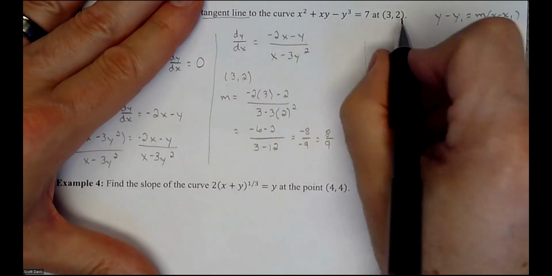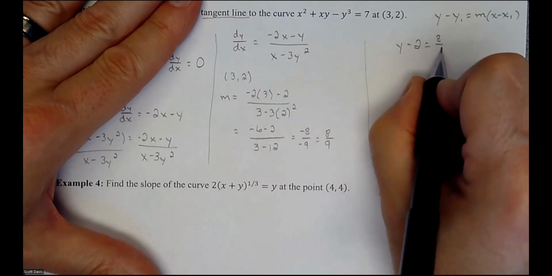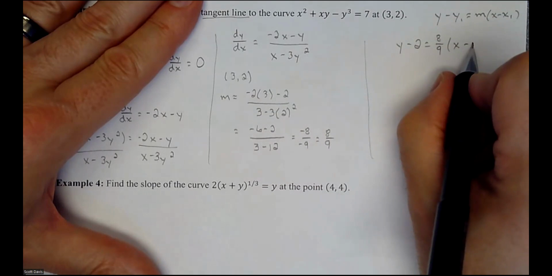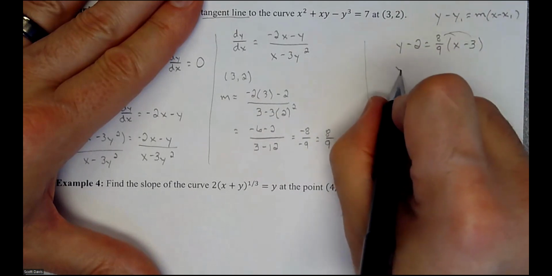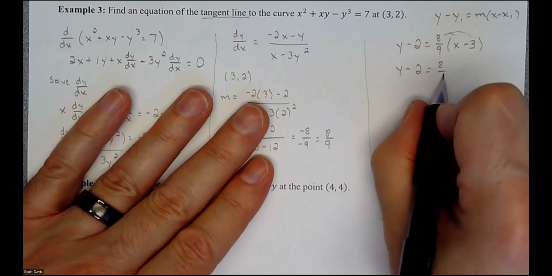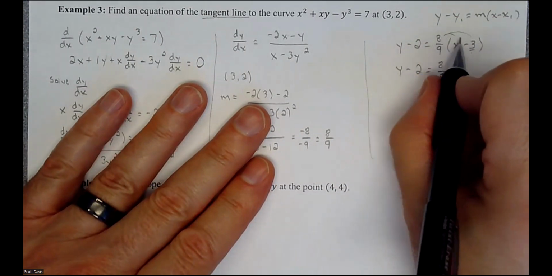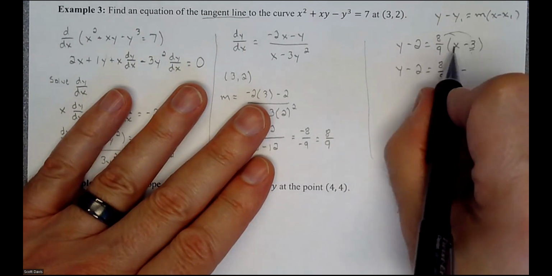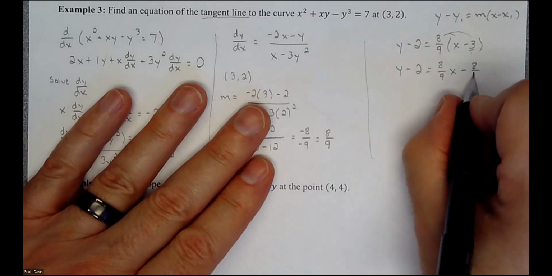So we're finding our tangent line: y minus 2 equals our slope of 8/9 times x minus our x value of 3. And we'll distribute. We're going to get fractions. So y minus 2 equals 8/9 x minus, and I can put the 3 over 1. You're going to get 24/9, but I could simplify the 3 with the 9, so that would make it 8/3.